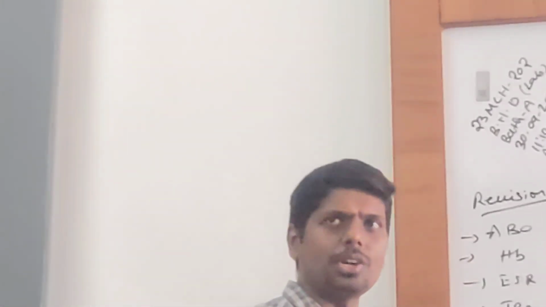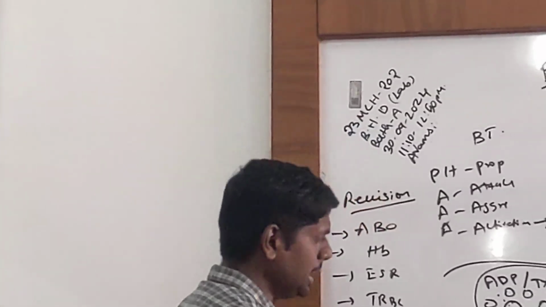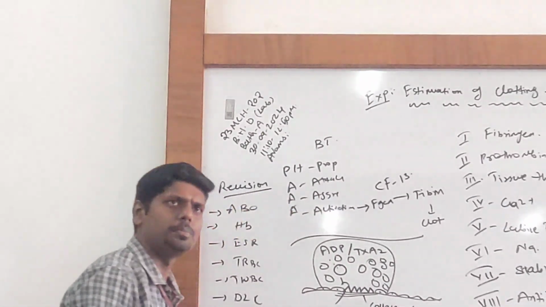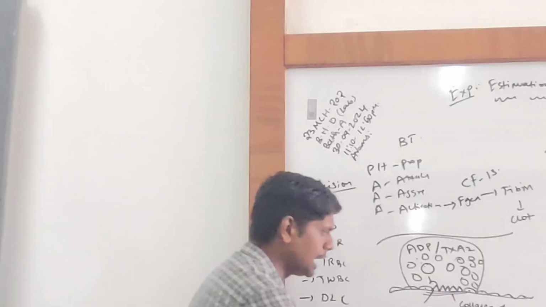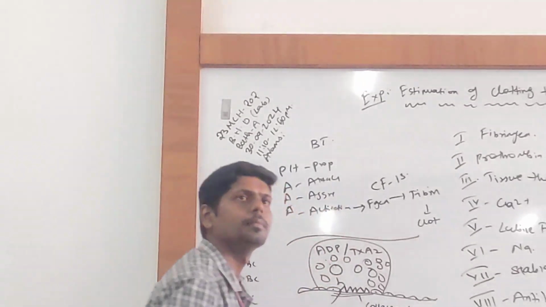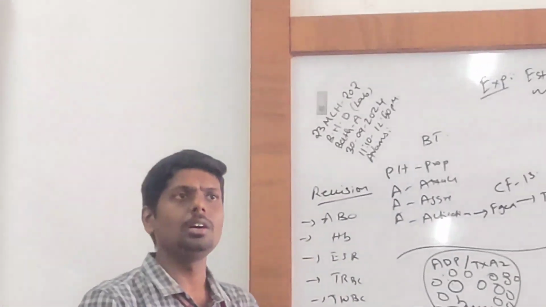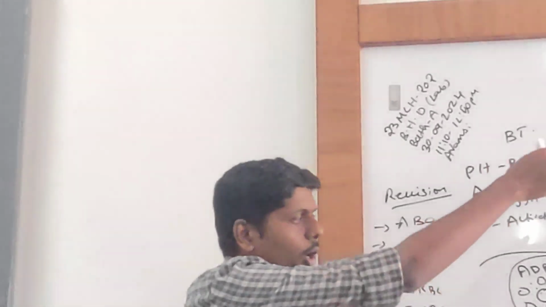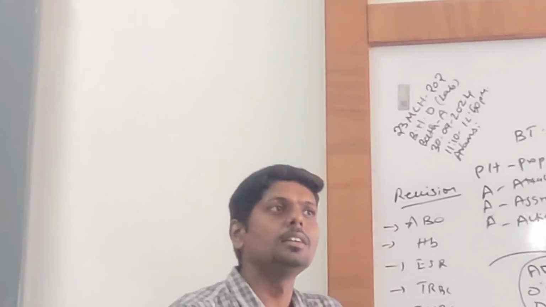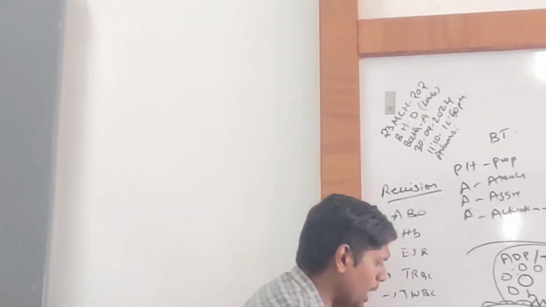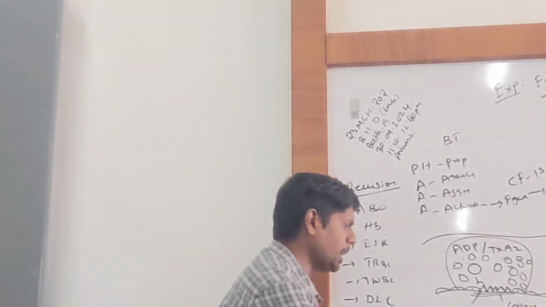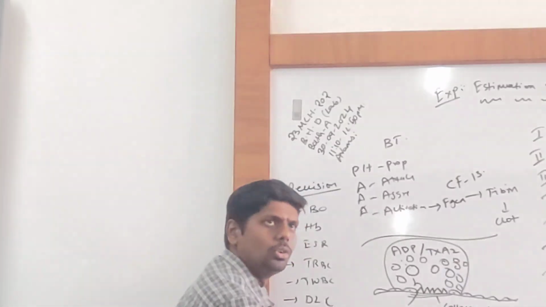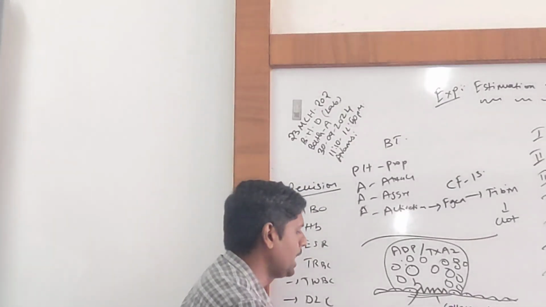Now, one important thing. In case of bleeding time, what exactly are we trying to measure? If bleeding time is prolonged, what factors lead to increased bleeding time? Before I go to clotting: what is the normal platelet count? 1.5 to 4.5 lakhs.